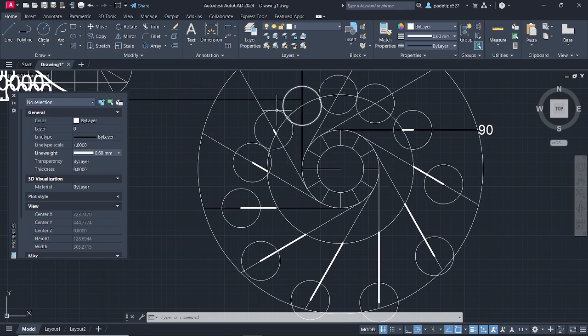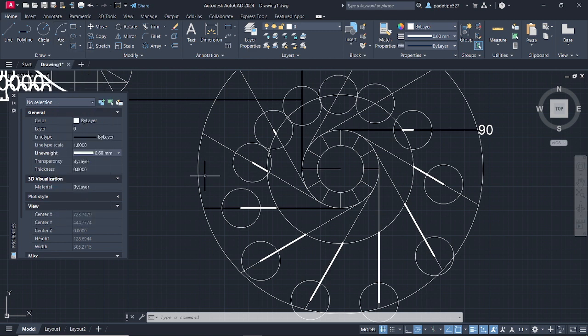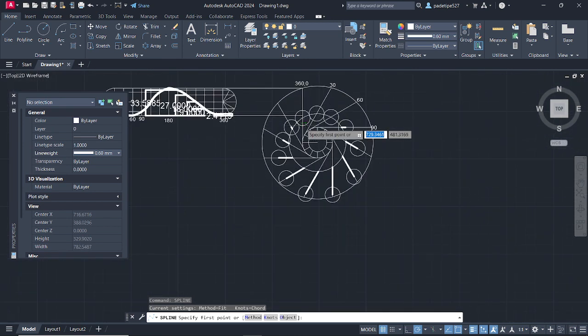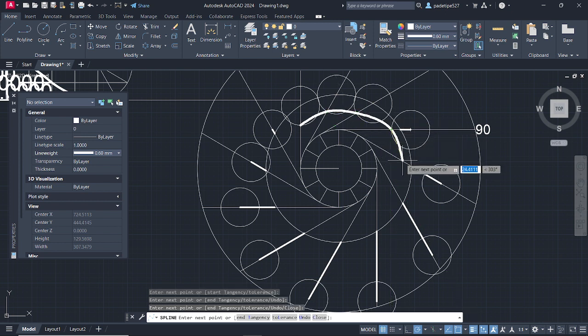So from here, this is what we're going to do. It's going to start from, let's use spline. From this bottom here, remember this is our 0, right? From this bottom to this next one, to this next one, to this next point, to this next point.